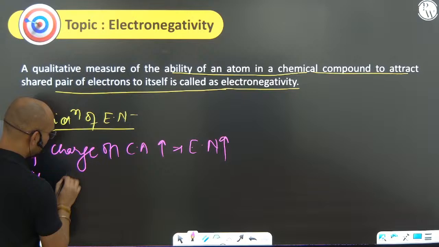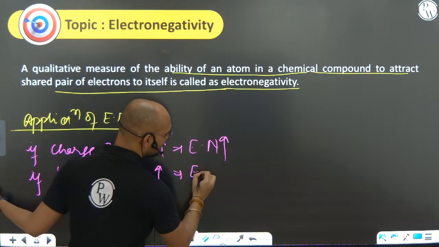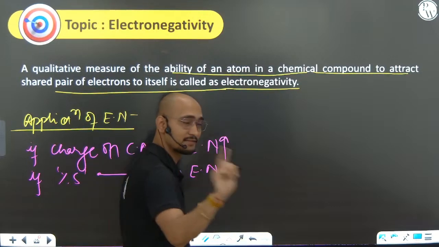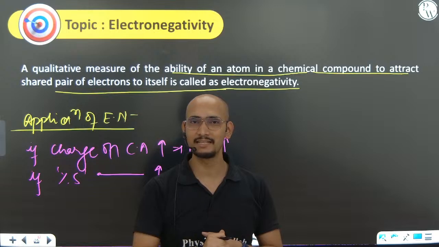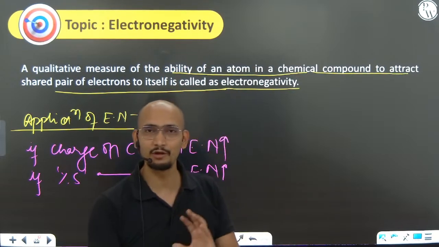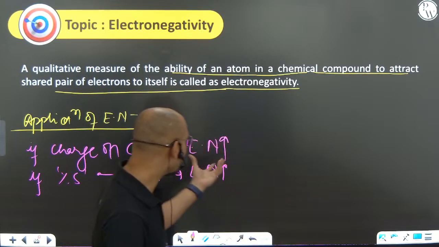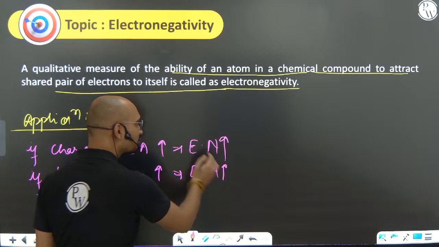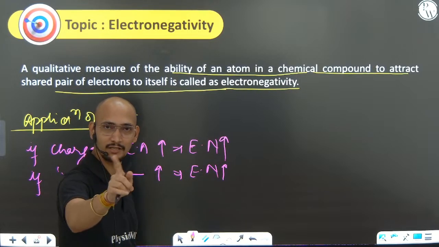If the percentage s character increases, then electronegativity also increases. So we can never say that one atom or element has always a fixed electronegativity value. Depending on which kind of bond it is forming and what kind of charge is on that atom, it will have a different electronegativity. So please keep in mind that electronegativity is not a fixed value.